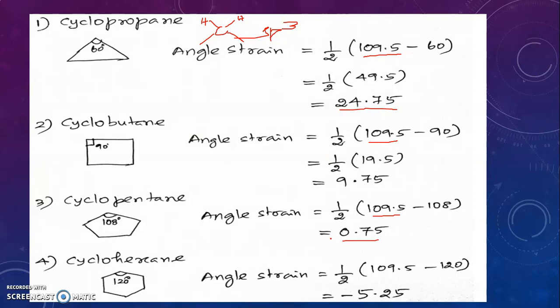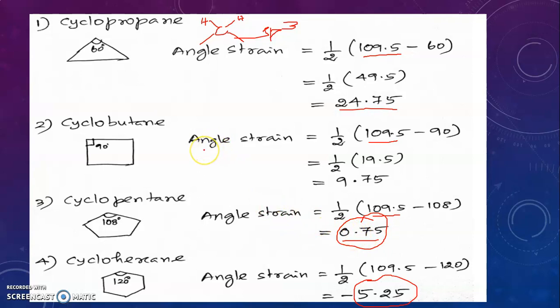So you consider only the magnitude. Here the angle strain magnitude is 5.25, and for cyclopentane 0.75. So if you compare cyclopentane and cyclohexane, in cyclopentane angle strain is less. So compared to cyclohexane, cyclopentane is more stable according to Bayer strain theory.